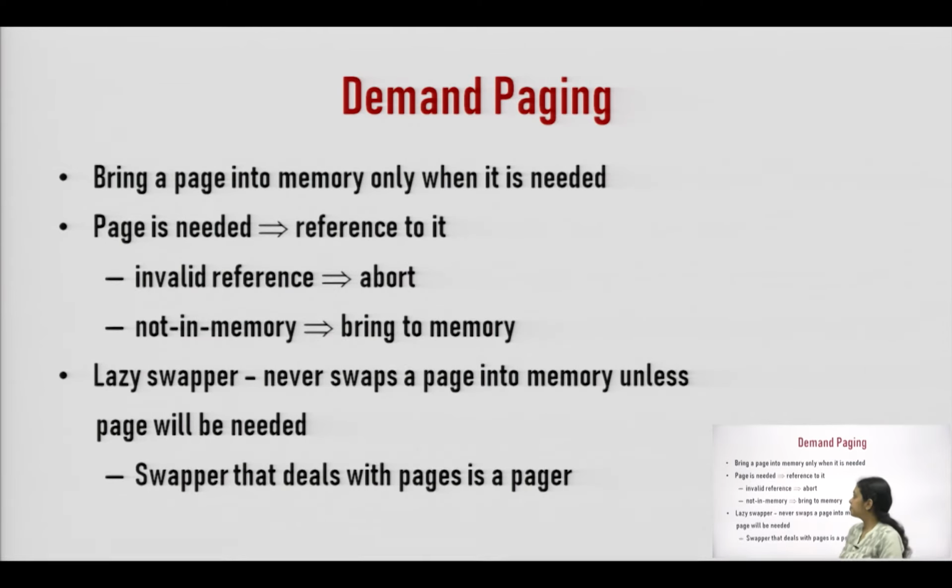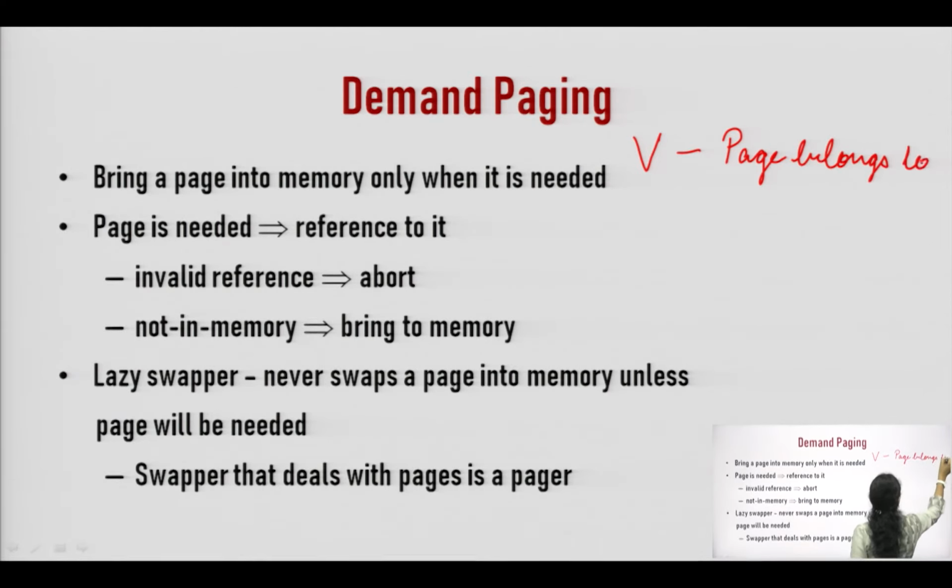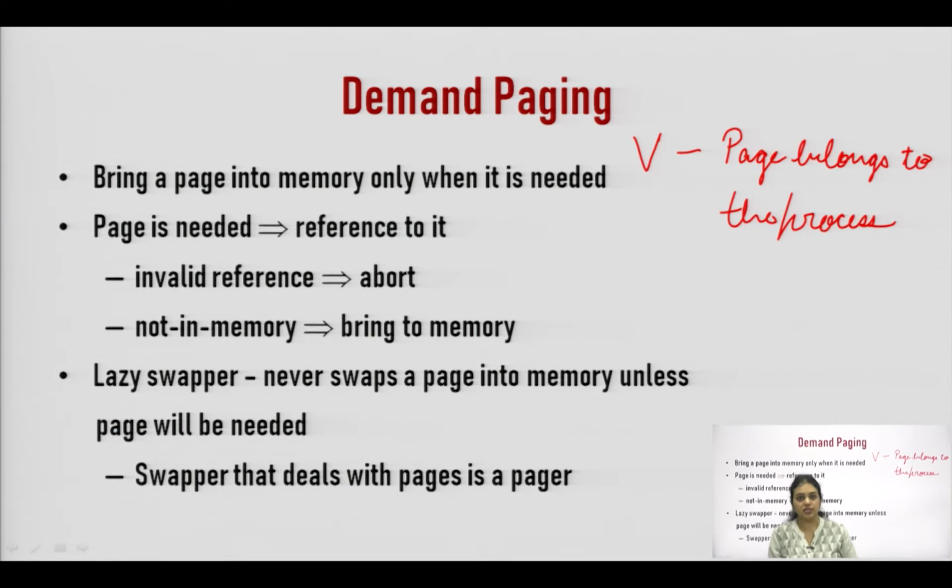Now, when a page is needed and referenced, first of all it is checked for a valid or invalid reference. What do we mean by valid and invalid reference? Valid means the page belongs to that particular process, that means the page is valid.